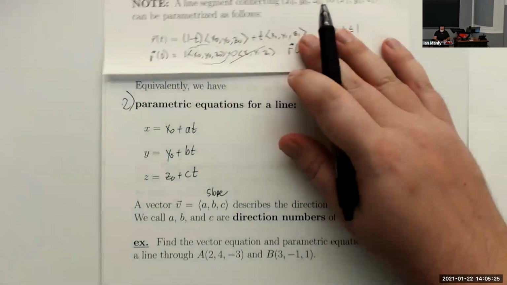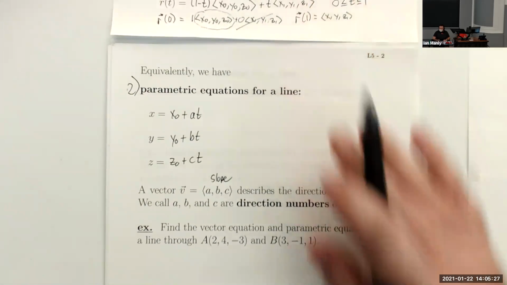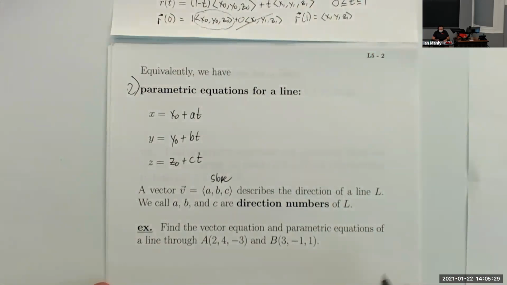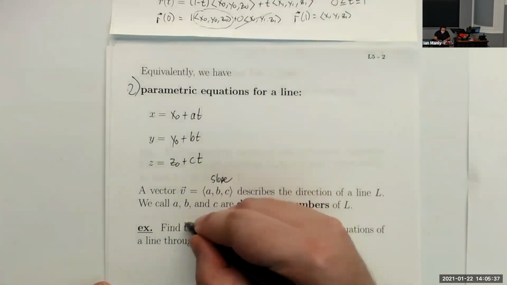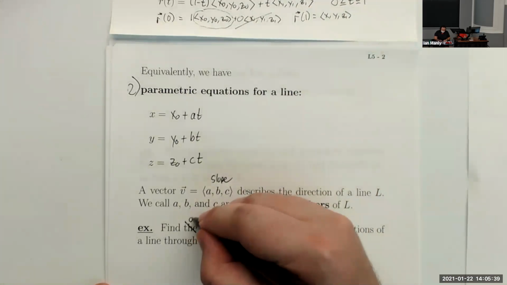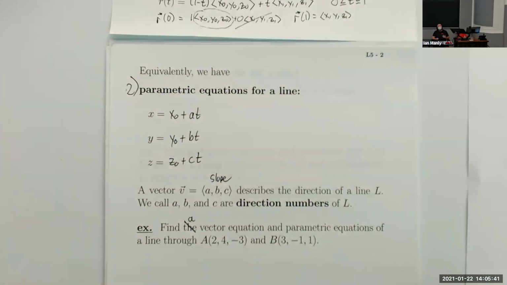Okay, so let's do an actual concrete example now that we have these two types of equations for lines here. So find the vector equation and parametric equations of a line through these 2 points. And there's actually kind of a typo here. So I'm going to cross out the, and I'm going to write A. Because like I said earlier, remember there are many different vector equations you can have that represent the same line.